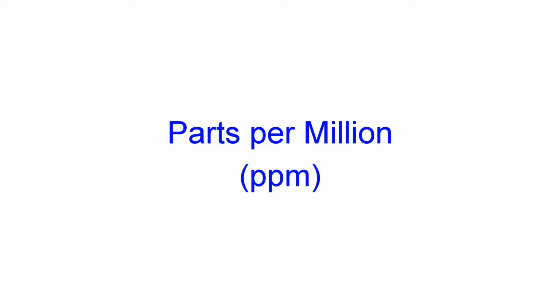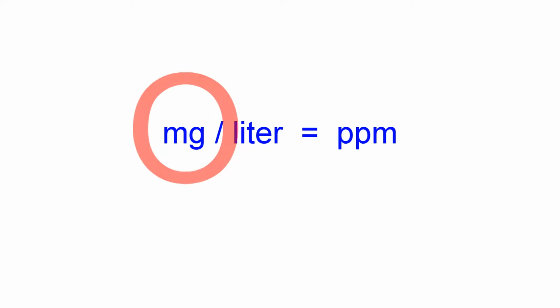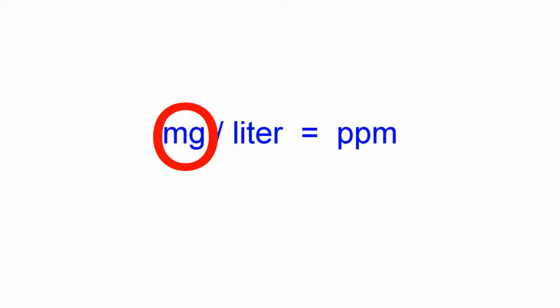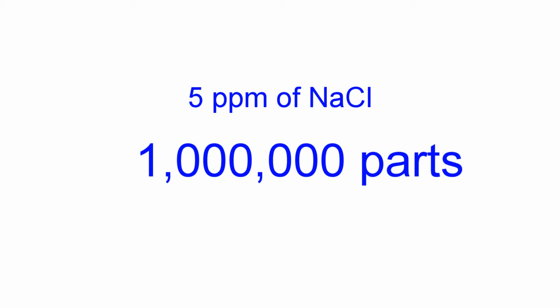So when we speak about parts per million, what are the parts that we are referring to? Well, almost always, the parts are going to be the weight of 1 milligram. So if we have a solution that contains 5 parts per million sodium chloride, we should first consider the fact that the solution has 1 million parts, and each part is a milligram.